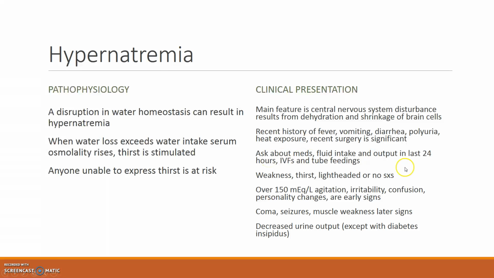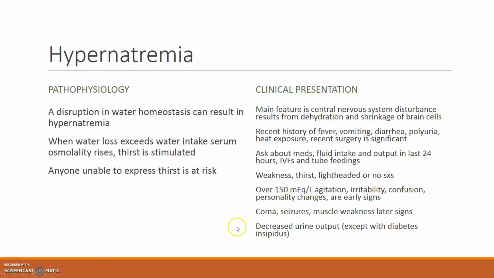Ask about any meds or med changes, fluid intake and output in the last 24 hours, IV fluids and tube feedings. The patient might complain also of weakness, thirst, lightheadedness, or they might not have any symptoms. But usually over 150 milliequivalents per liter of sodium, you're going to see agitation, irritability, confusion, personality changes as early signs.